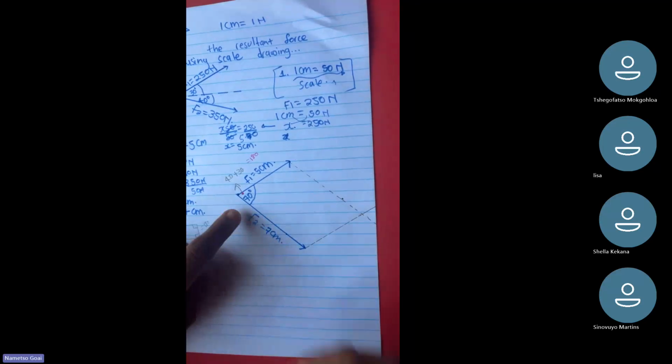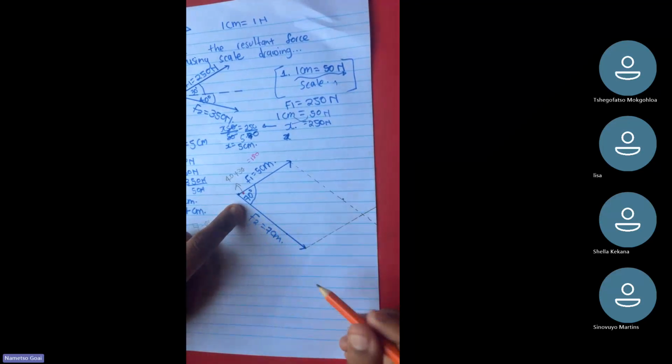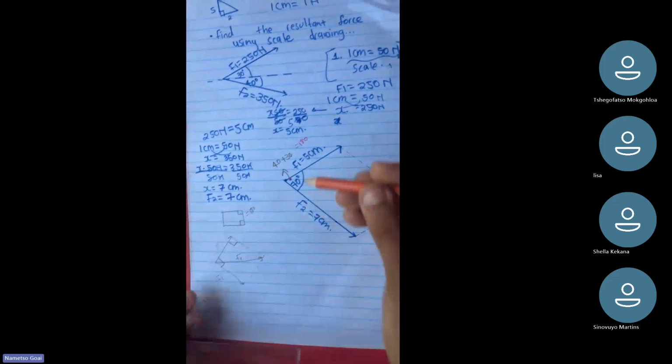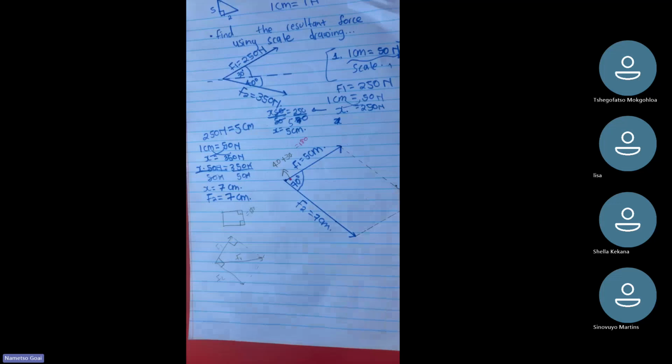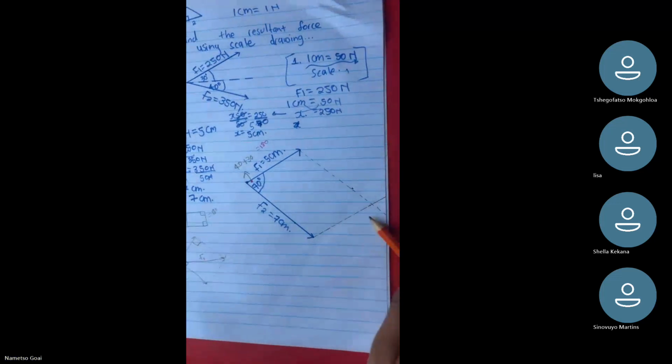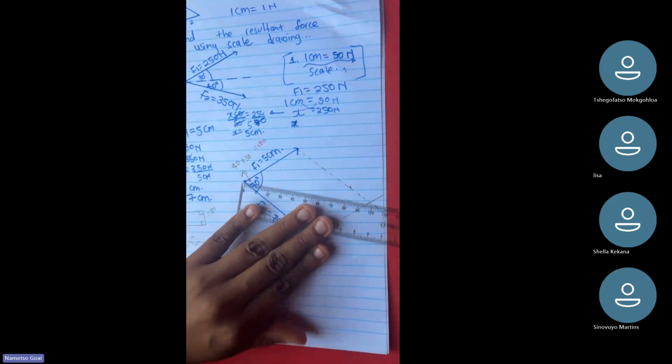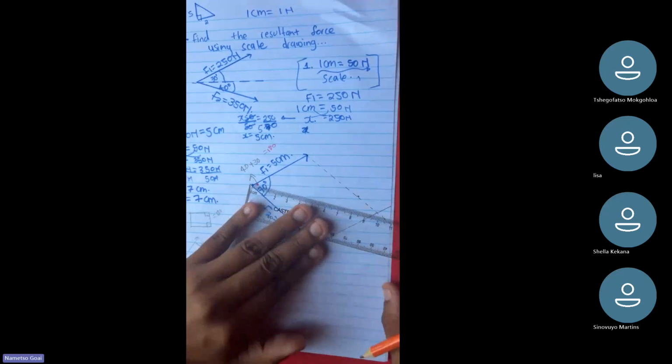Now that you have your F1 going in that direction, your F2 going in that direction, remember, for the resultant force, you have to draw from the tails of the two forces to the intersection at the end of the parallelogram, right? So your resultant force is going to look like this.